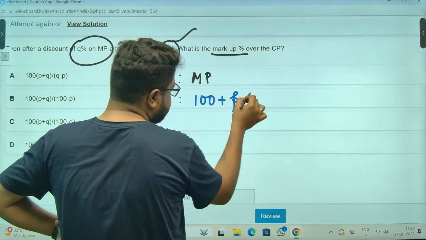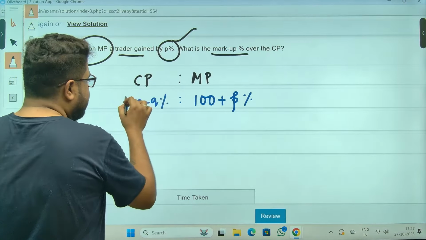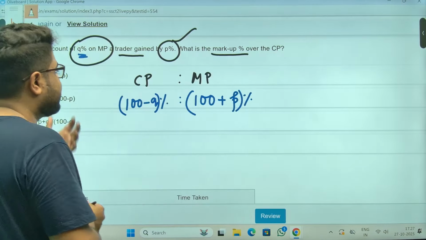So this is a good kind of ratio approach, if you already know this. Otherwise I'll tell you. First let me complete this. Discount is Q, so 100 minus Q, and this is 100 plus P. Percentage also cancels, sir. So I can definitely use this.